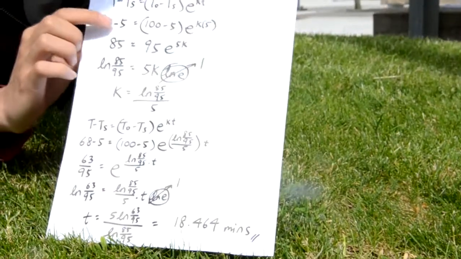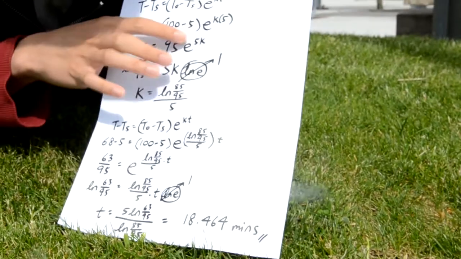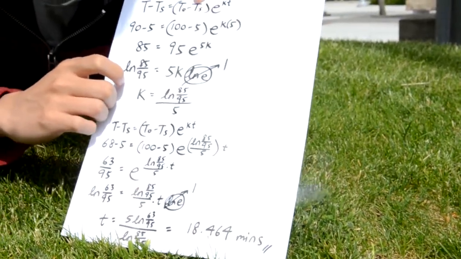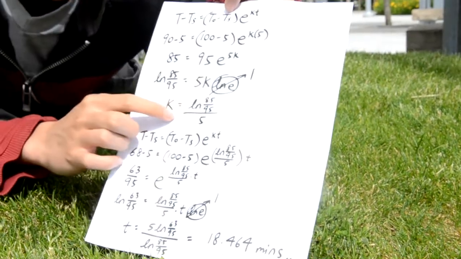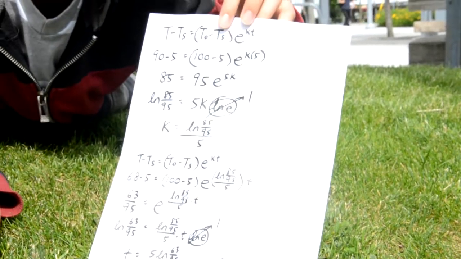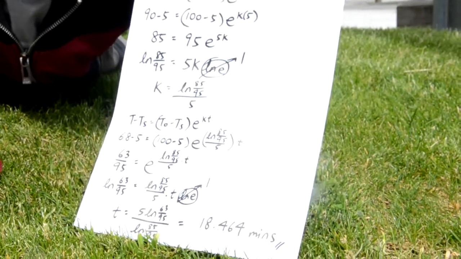Okay. So we do simple subtraction. 90 minus 5, 85. 95 e to the 5k. So now we use algebra to figure out what k is. So k is equal to ln of 85 over 95, divided by 5. Okay. Now that we have our k factor, we can solve for the actual time it will take to cool down to 68 degrees.